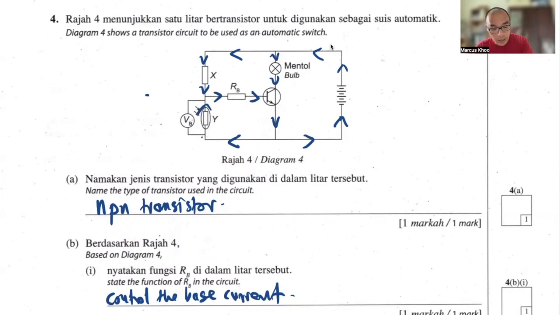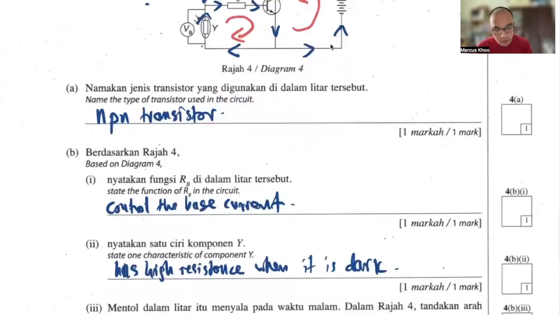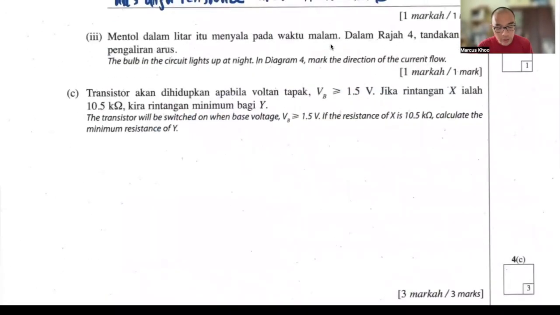Basically, this one has to flow this way, and this one has to flow this way. That's all we want to know. The base current has to flow, and then of course the collector current flows because the emitter current is also flowing. Now, the transistor will be switched on when the base voltage is 1.5 volts.